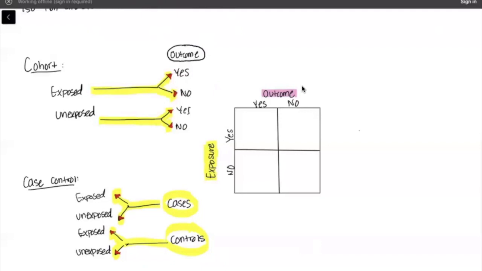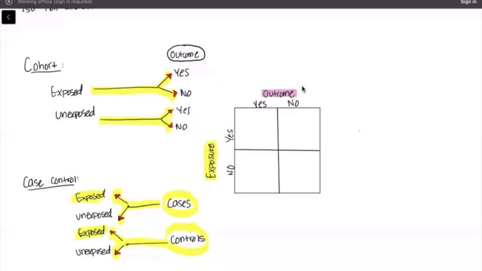And I go back in time, and basically I am seeing out of my 100 patients that have lung cancer, how many of them were exposed to smoking? And similarly, out of my patients who do not have lung cancer, how many of those patients were exposed to smoking? And so I'm looking at the odds of the exposure in the cases compared to the odds of the exposure in the control.